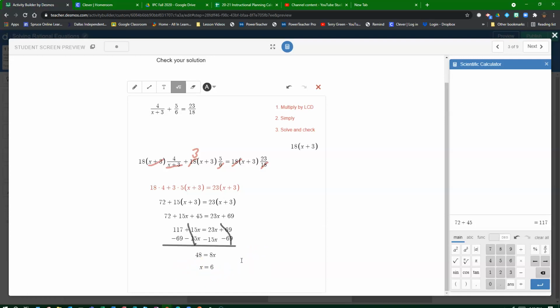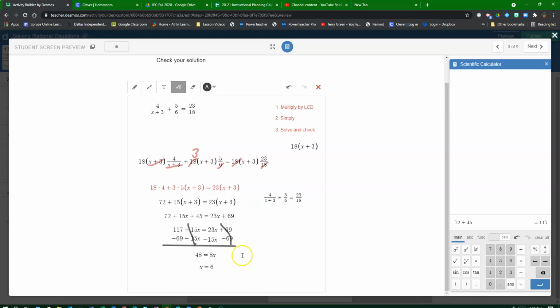Now all we have to do is solve and check. We've already solved it, so now let's check it. I'm going to take this same expression and copy it over here. I like to do it in this area. I use my very small font so I can get everything over there. This is the check area.